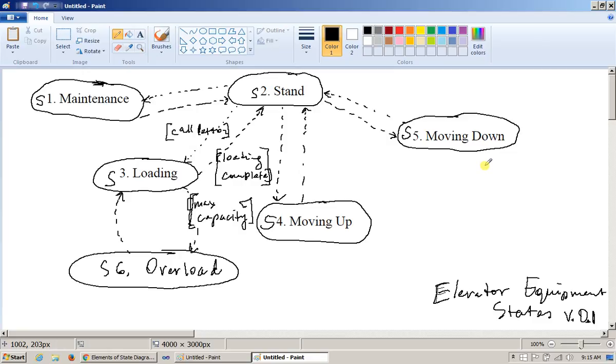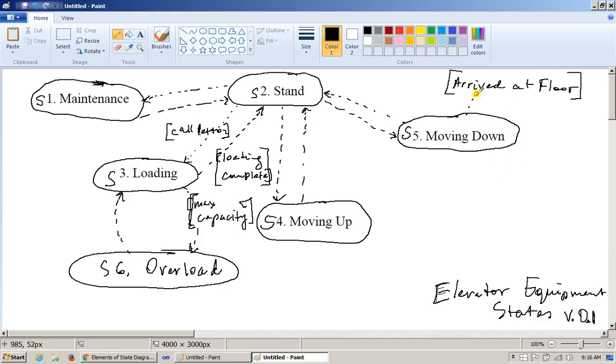So periodically, for instance, if we say arrived at a certain floor, is this important for an elevator? I think it's absolutely important, right? Arrived at a certain floor could basically say that there is no such floor on this request list.